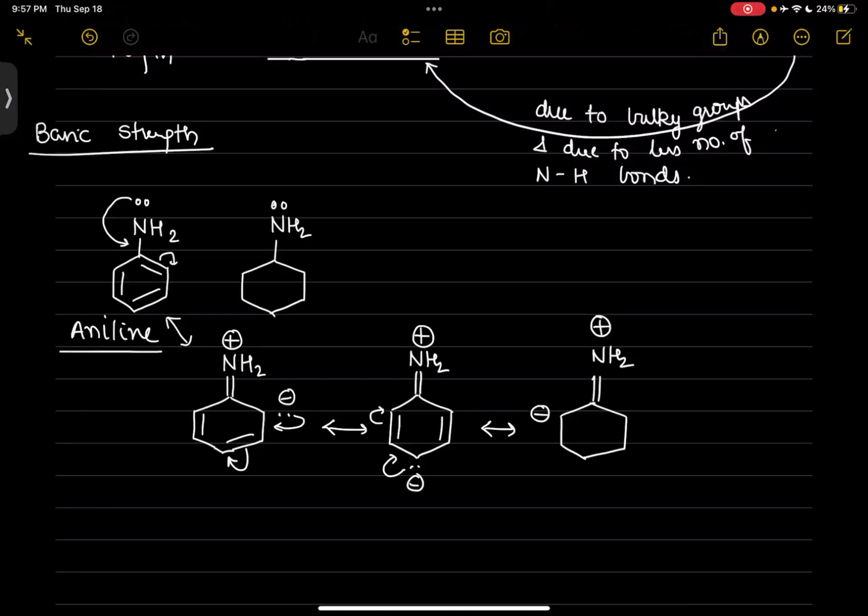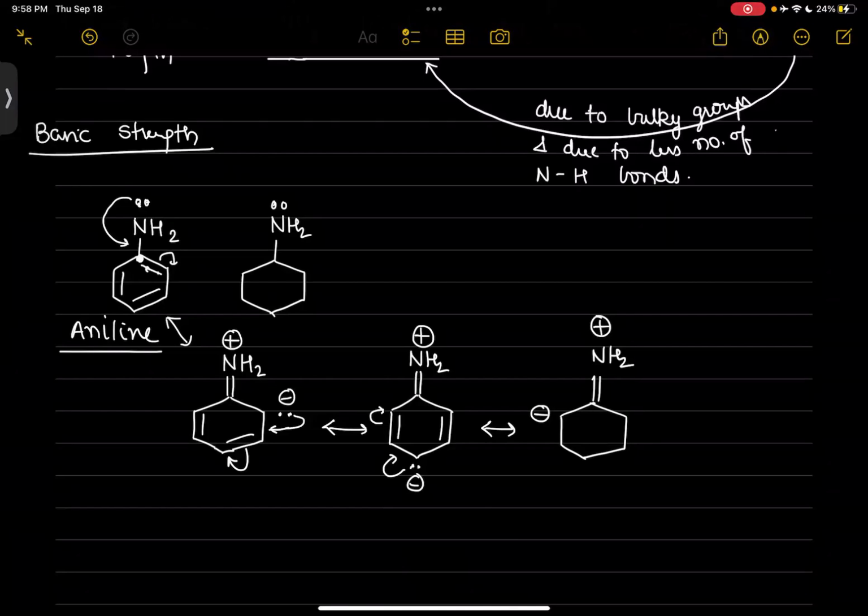This minus charge is how I am writing these resonance structures. When this lone pair tries to make a bond with this carbon, it pushes the pi bond to the adjacent atom. So both the electrons of this double bond get shifted onto the adjacent atom, and that's why you have a negative charge. This negative charge can move further and try to form a bond with the other carbon atom. The pi bond will get shifted onto the next atom.